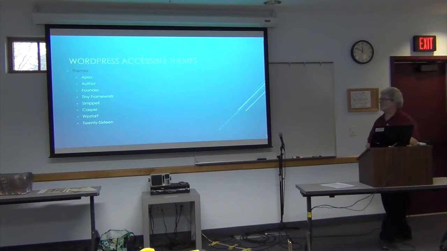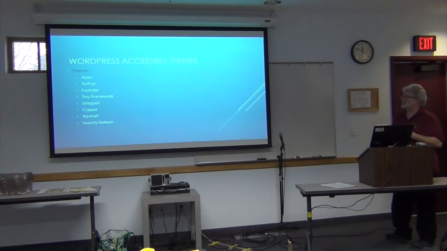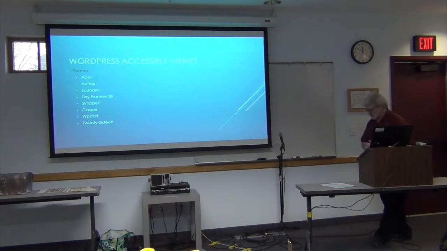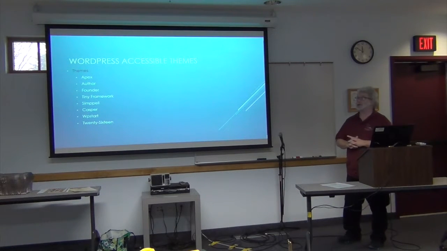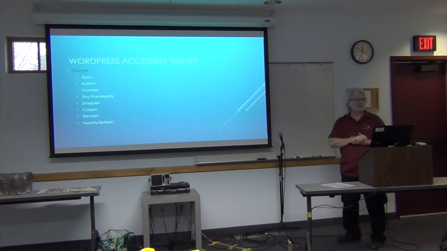Here's a list of different themes that I found on, I think it was, WPMU, so it's the multi-user site for WordPress. And they list a whole bunch of themes here that they considered at the time the most accessibly friendly themes, and they vary.